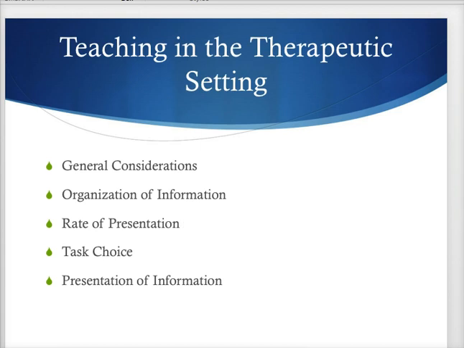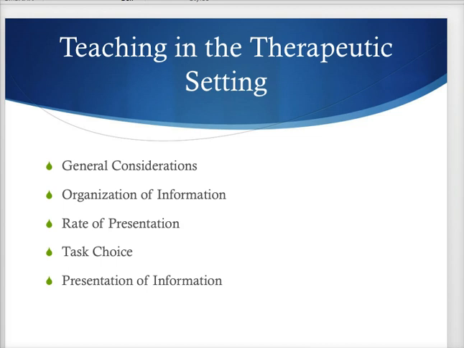Some general considerations for teaching older adults: you want to make sure you give more time because learning is slower. Self-paced learning will lead to the best performance. Use concrete examples because they're better retained than abstract ones. Psychomotor tasks can improve with practice. You need more repetition for recall in an older adult.